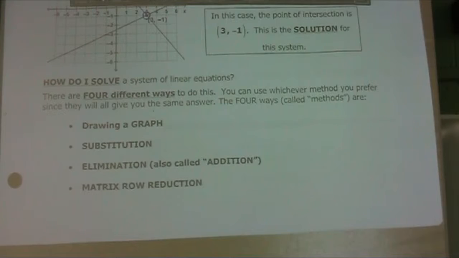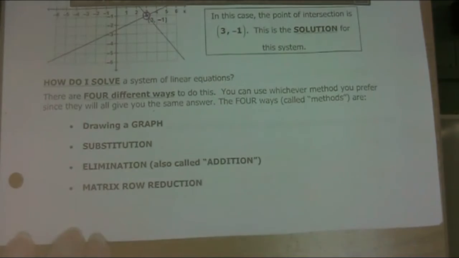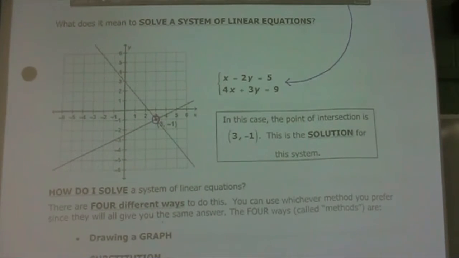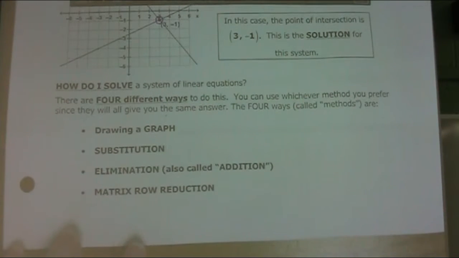You can do it by drawing a graph and, just like this, finding the point of intersection. You can use a process called substitution. We are going to do that today.